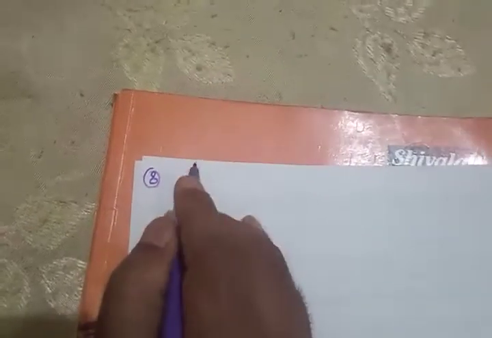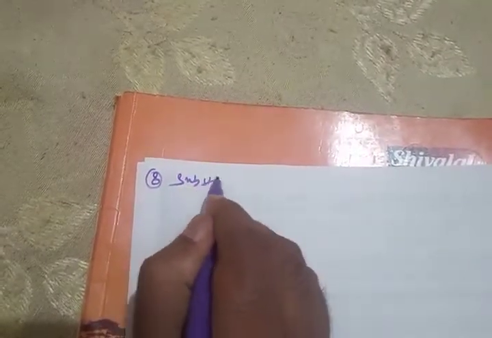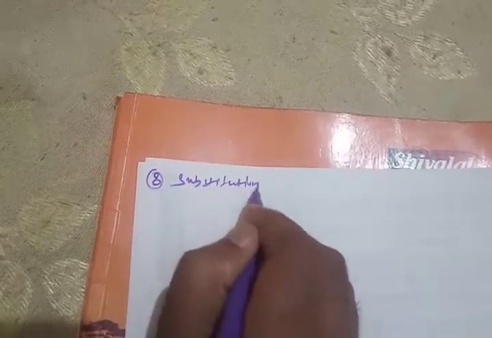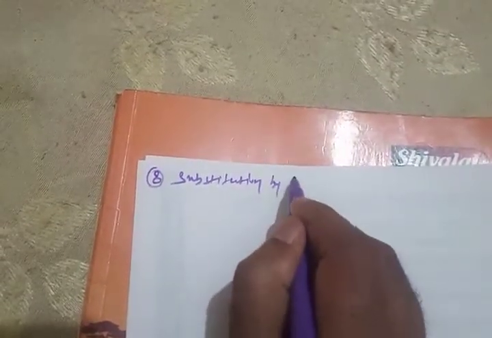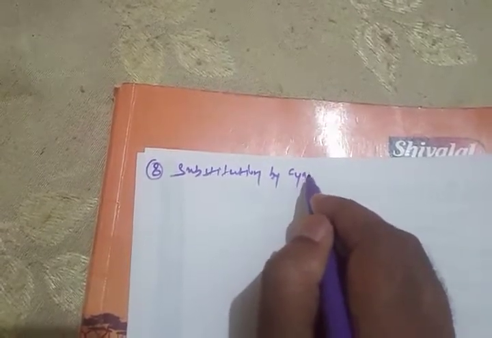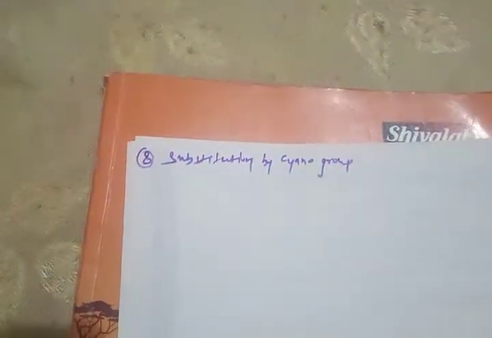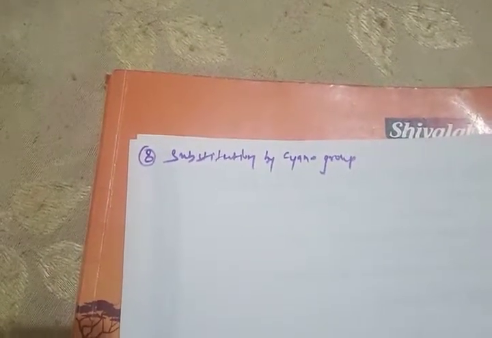The reaction is the 8th one, the substitution by cyano group. Cyano, that means what? That is CN. Okay, the cyano group is called nitrile actually.